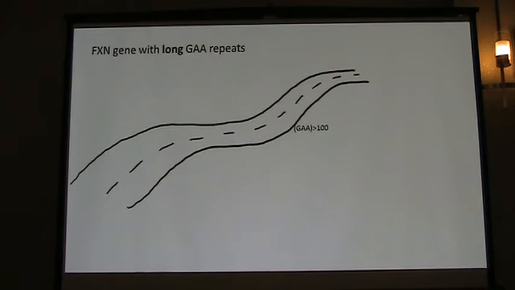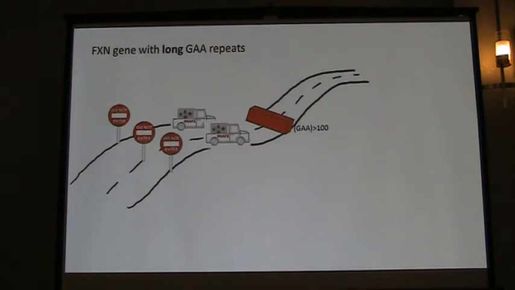So what happens when the GAA repeats are longer, over 100 or 900 or even higher? Well, we know that two things happen. The first thing is that the GAA repeat forms some kind of a roadblock, so our trucks cannot travel along the road anymore.